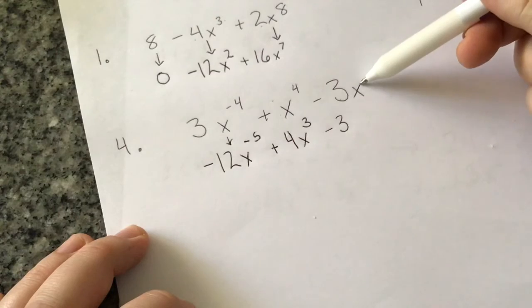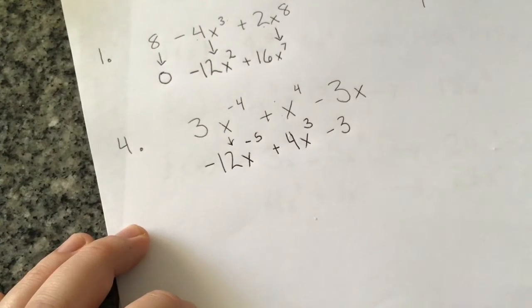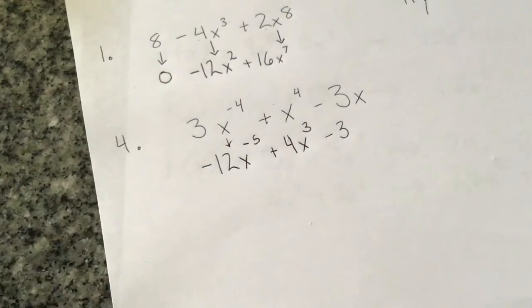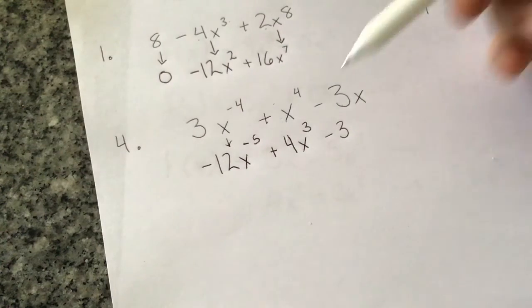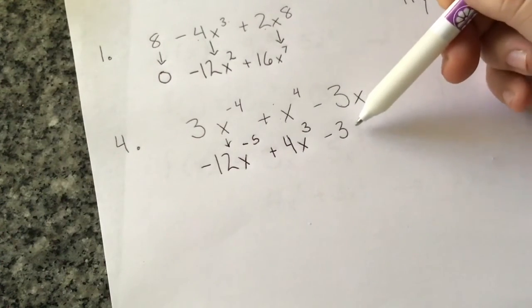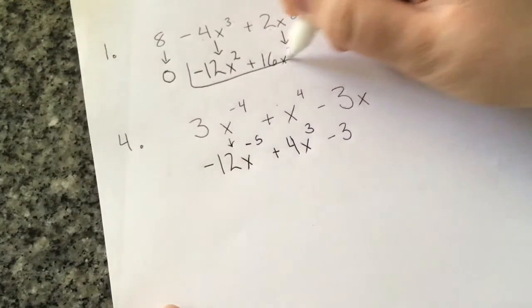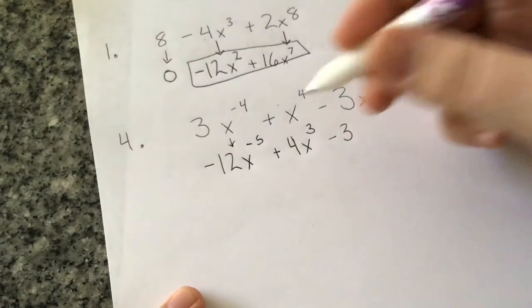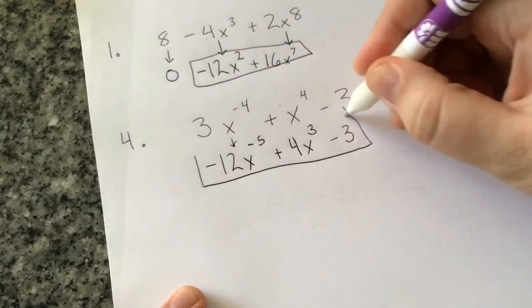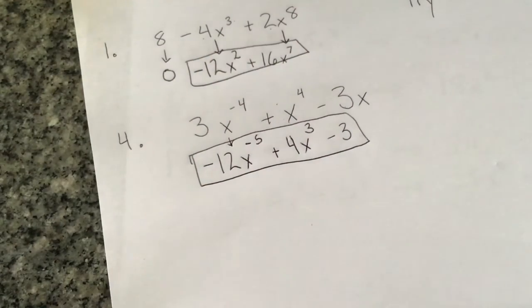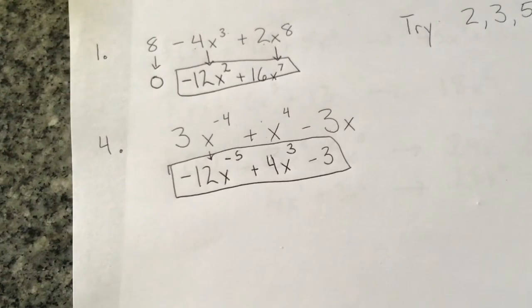And then if we have 1 less exponent than x to the first, it is x to the 0. So it just goes away. It's not written. So the derivative to number 4 is this right here. Didn't mean to draw through that 16. Meant to just box it. But here we are. So these are our two derivatives on 1 and 4.